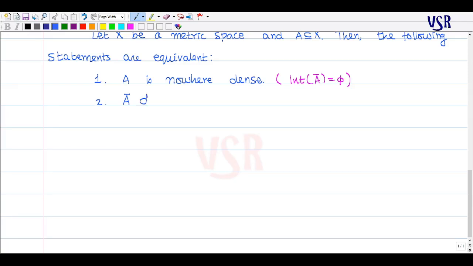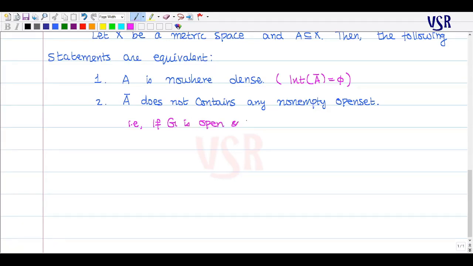What does this mean? Suppose G is open and G is a subset of A closure, then G must be equal to empty. So there is no chance of any non-empty open set being inside A closure.